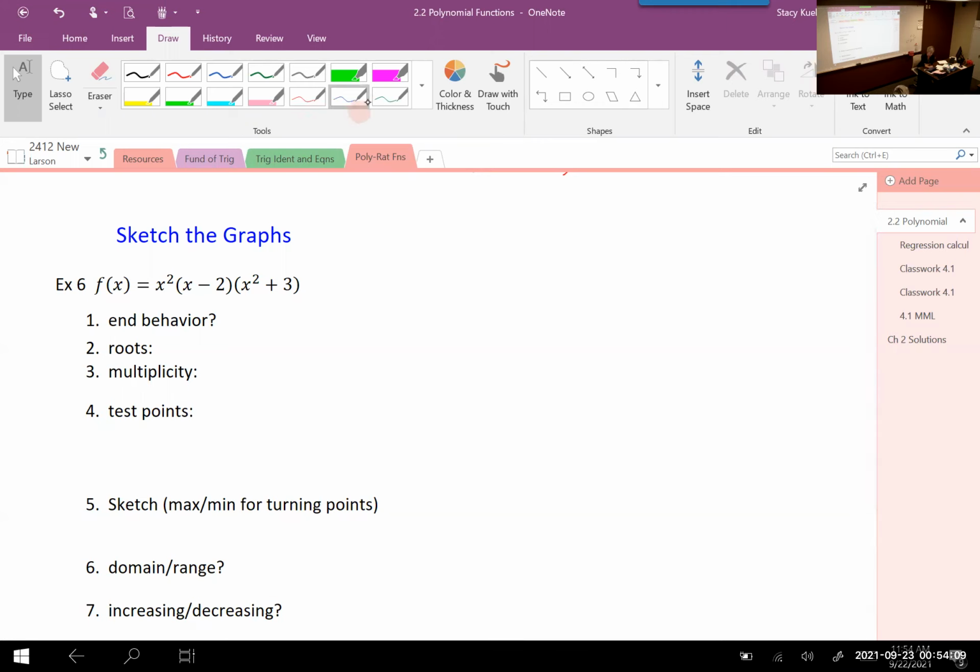So hold on a second, because I want to graph this other one instead. So let's graph x squared times (3x squared minus 10x plus 7). Okay.